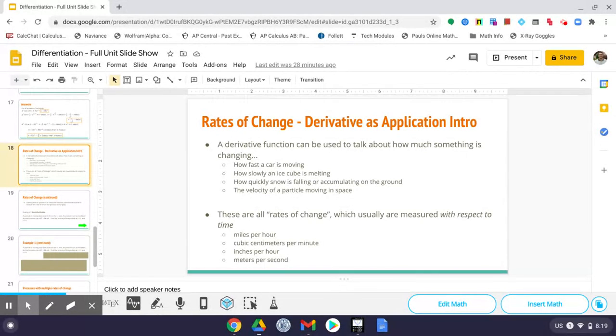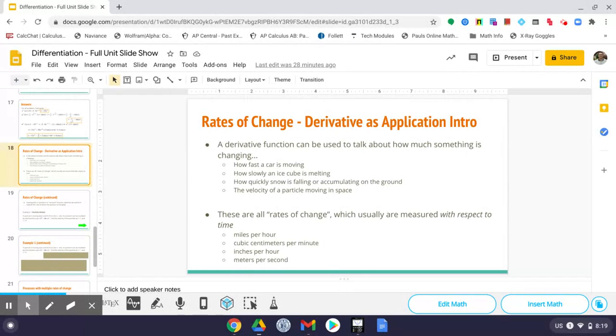But here's this language that I talked about yesterday a little bit. All of these things are changing with respect to time, typically. So most of the application that we do is going to be with respect to time. As time changes, what is happening with this process? How much is an amount changing? How much is the speed changing?